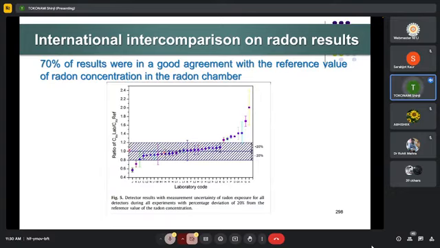The reference value was given by our AlphaGuard calibrated at PTB. 70% of results were in good agreement.